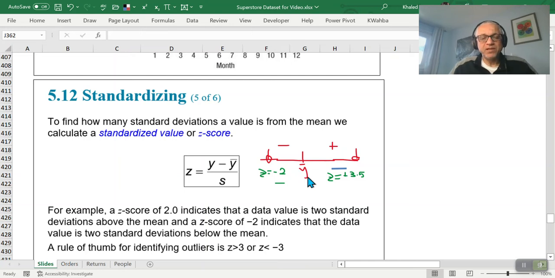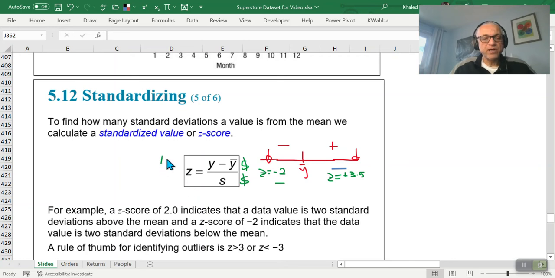What does it mean, or how is it interesting? It tells us something. First, we can compare different data against each other using the z-score, because we get rid of every unit. For instance, if this unit is in dollars, the S will also be in dollars, then the Z will be unitless.